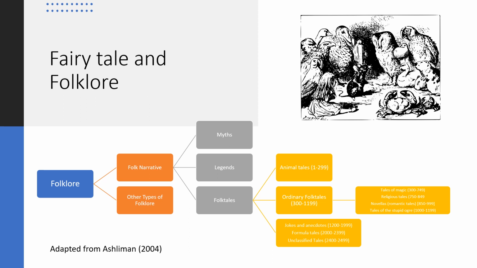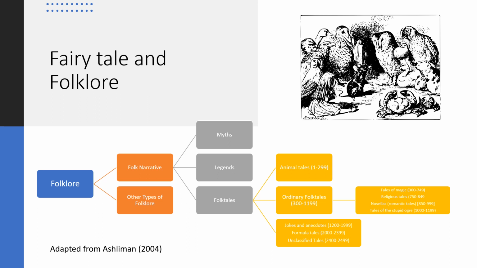These two figures are very important in the tradition of folklore. And as you can see in the folktale classification, it is a little bit hard to find the place of fairy tale. In fact, you won't find fairy tales in them, because what we find instead is tales of magic under the subtype of ordinary folk tales.